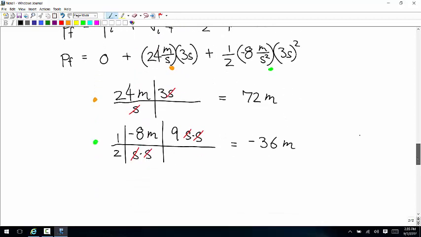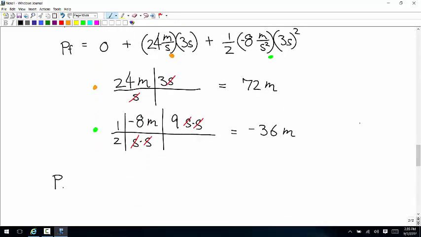And so add those up, and the final position is equal to 72 meters minus 36 meters, so 36 meters. That's the final position.